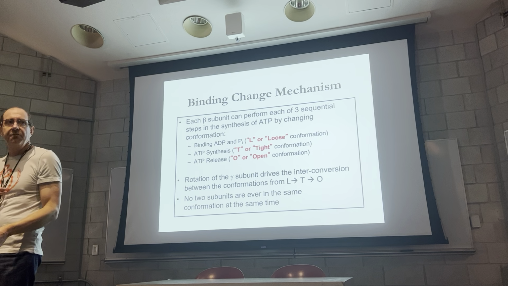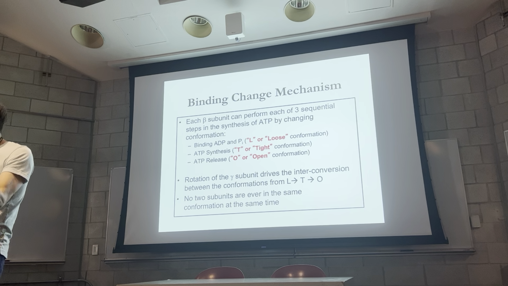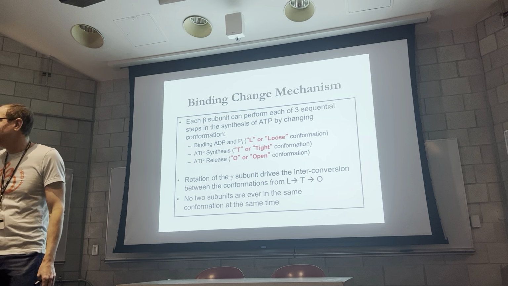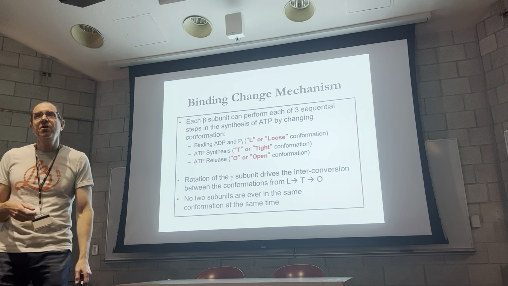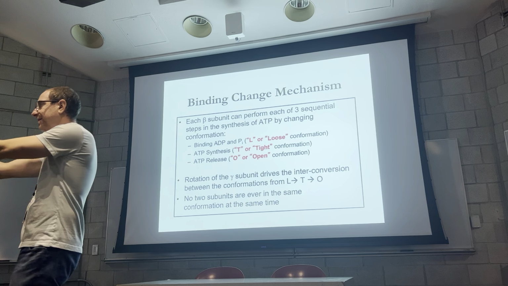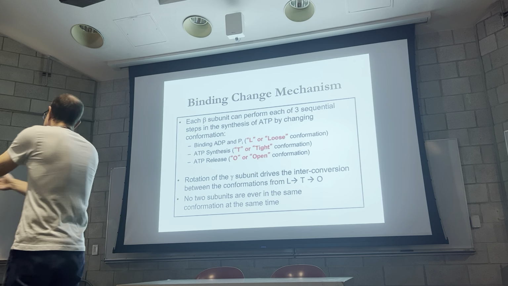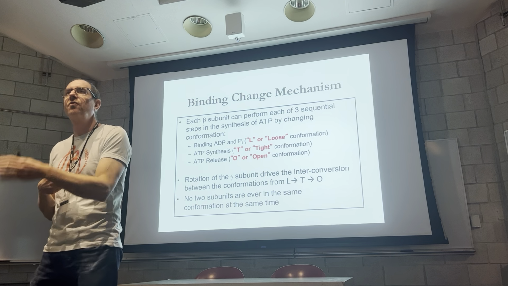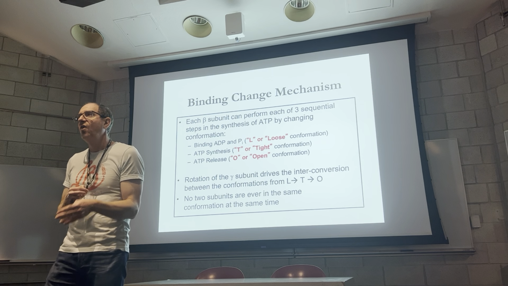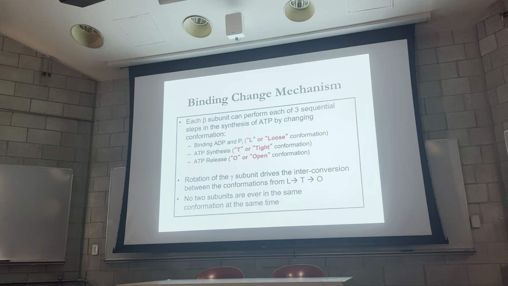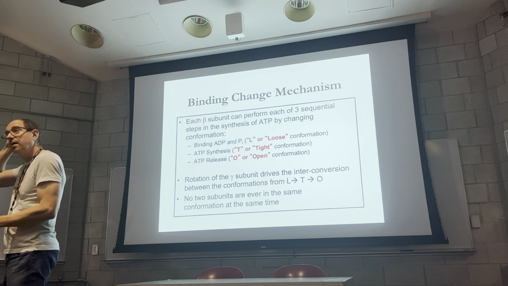You know, so if Jacqueline is beta subunit 1, Chase is beta subunit 2, and then the table, sadly, is 3, right? The gamma stalk is going like this, and it keeps doing it over and over and over. And so ultimately the question is, if that's true, then how does the movement of protons drive that motion of the gamma stalk?